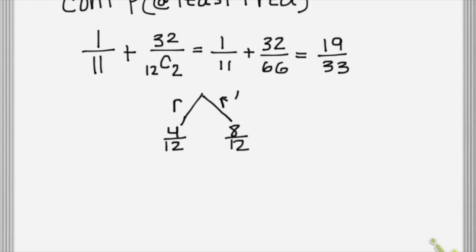Then I'm going to look at this next level. I'm going to do red, not red. Now what's the probability on this next level of getting a red marble? Well, if I already drew one above, now I'm down to 3 red marbles, and there are 11 total marbles left. And if I went not red on this level, there are 8 non-red marbles left out of 11.